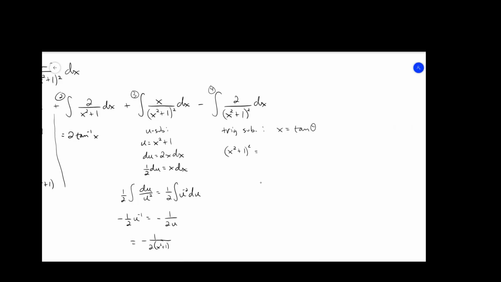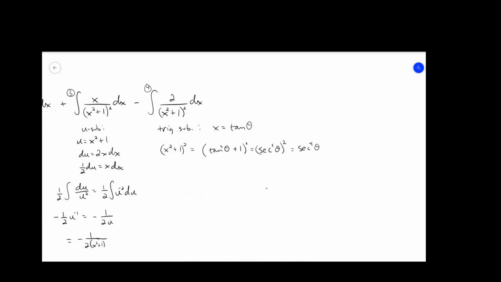And so then what happens to x squared plus 1 squared? X squared plus 1 squared becomes tan squared theta plus 1 squared. But tan squared plus 1 is secant squared, right? So that's just secant squared, or secant to the 4th.